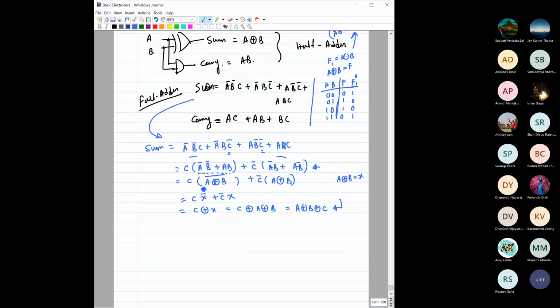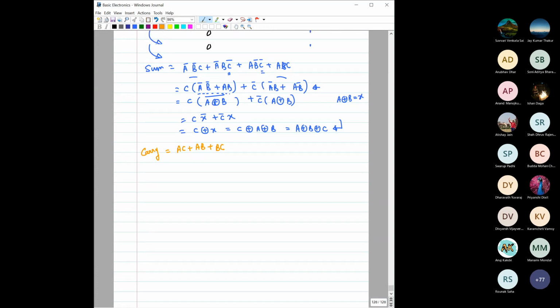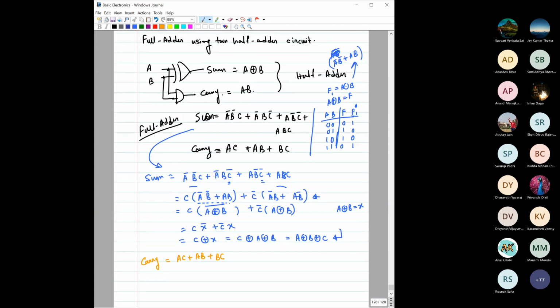So the carry is here, this one. Carry is AC, AB, BC. Right. So what can we do with this carry? Or maybe before that, one thing we have understood, right?